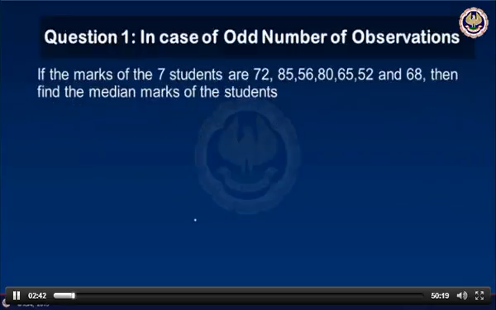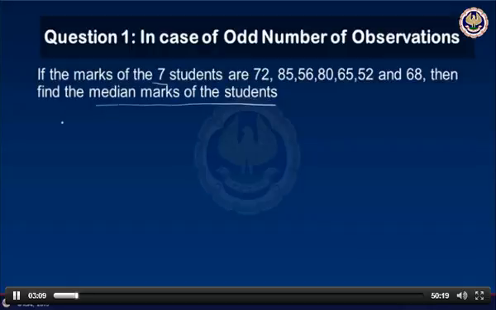Now, coming to raw data, here the observations are an odd number of observations. Let us look at the example. If the marks of the 7 students are 72, 85, 56, 80, 65, 52 and 68, then find the median marks of the students.